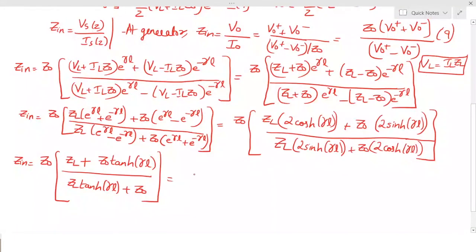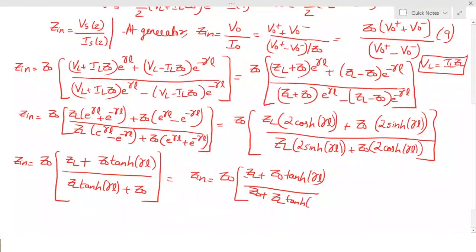So Zin is equal to Z0 into (ZL plus Z0 tanh gamma L) divided by (Z0 plus ZL tanh gamma L). This is the final equation for input impedance of a transmission line.